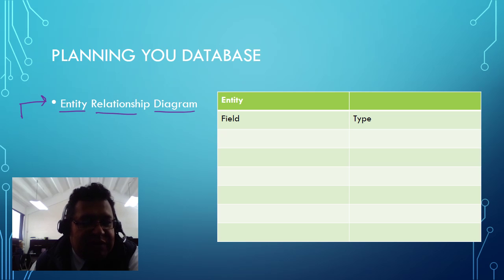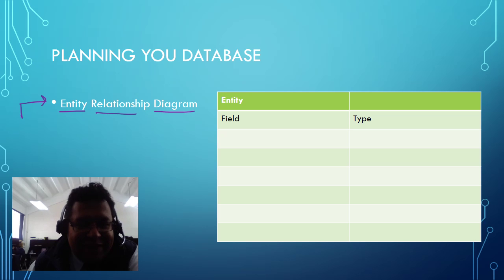For every database that you create, you're going to have to make an entity relationship diagram. It's basically a table that looks like this, and you can do that in Word or even Excel if you want, but Word actually works better. And you'll see as your databases get more complex, Word is actually a good tool to use.